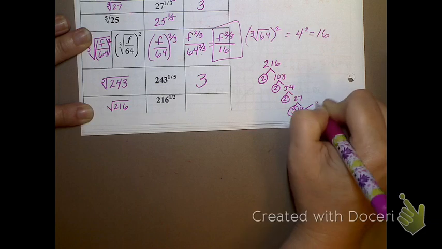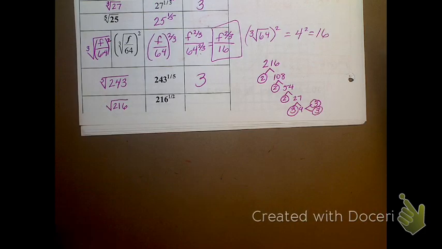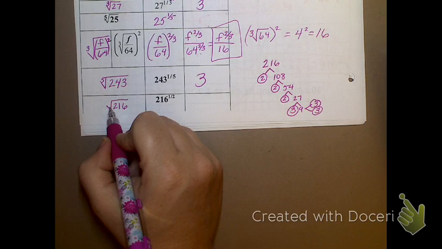Pairs. Any idea why I'm looking for pairs? So you can match it. The reason why I'm looking for pairs is because the index is 2. If it was a cube root, I would need 3 of a kind to take something out. A 4th root, I would need 4 of a kind to take something out. And so on.